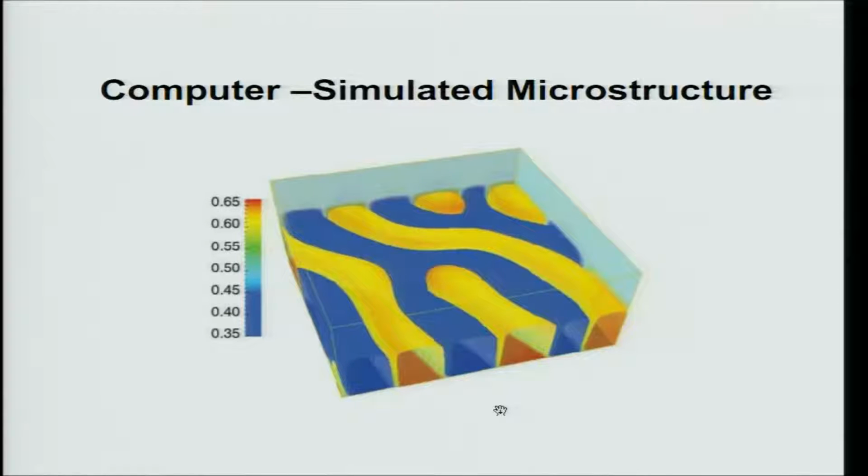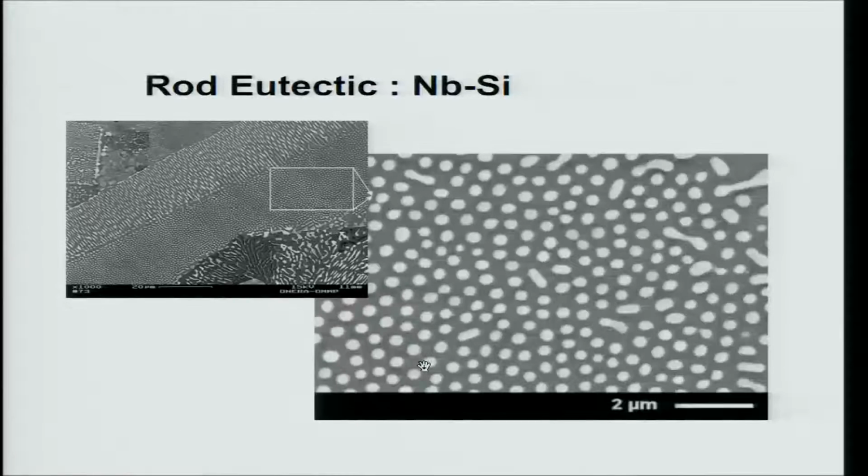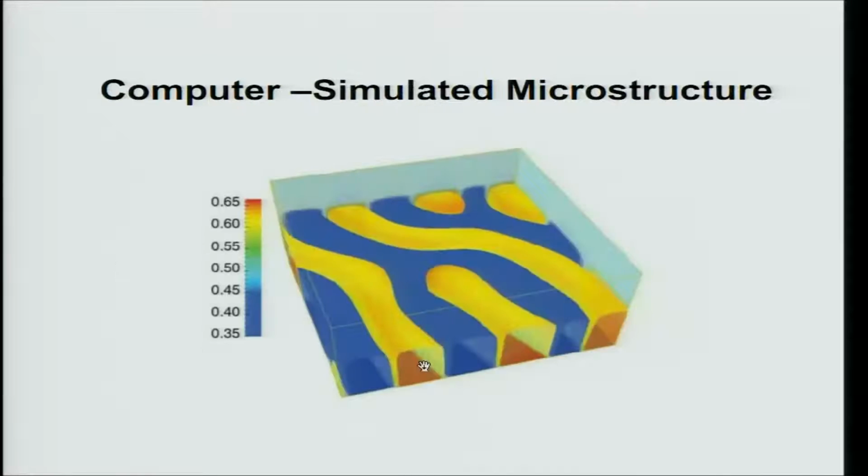Now one can simulate this microstructure using computer simulations, and you can see here that in 3 dimensions they look like slabs: the green slab, the blue slab, the yellow slab. You can clearly see they look like long slabs in 3 dimensions, and when you cut it you see a 2 dimensional section, and they look like a lamella.